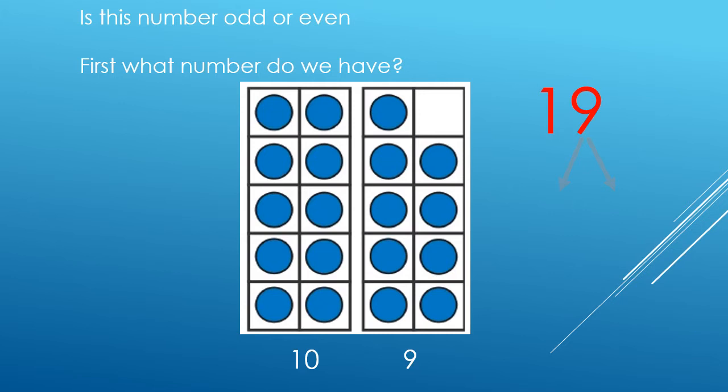Can you split the number 9 into 2 equally? Pause the video and give it a try. Well done, guys. What you've probably found out is that if we split it, we got 5 and 4, which means it's not equal. Therefore, we know 19 is odd.